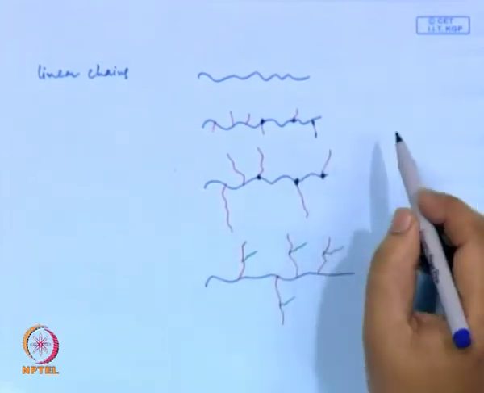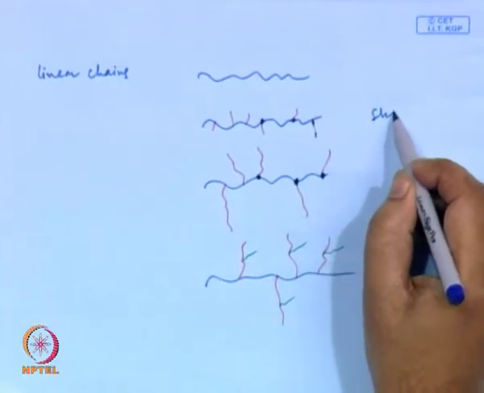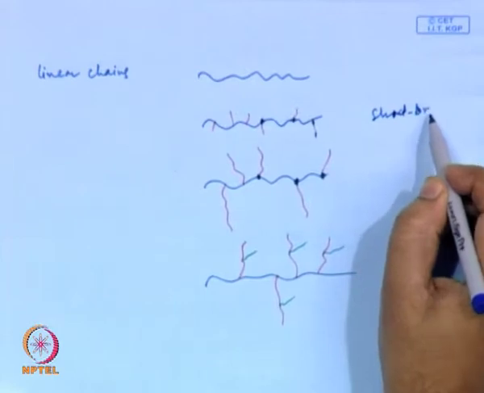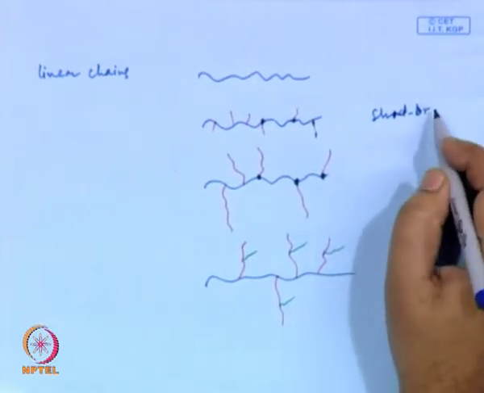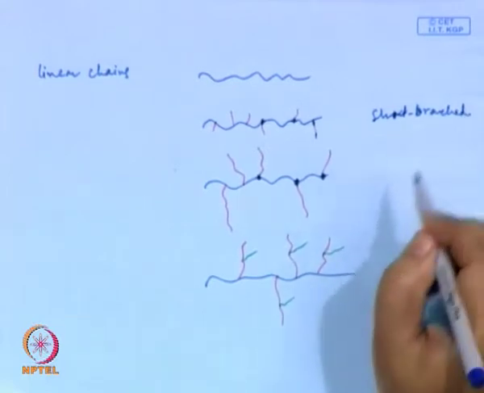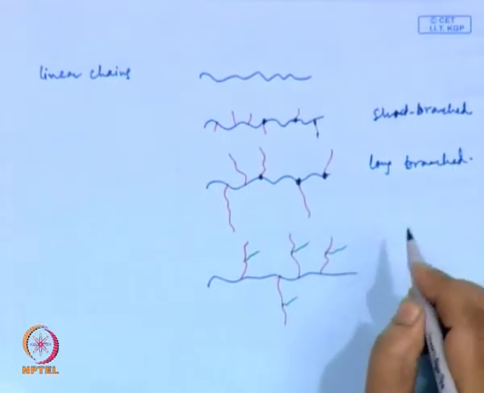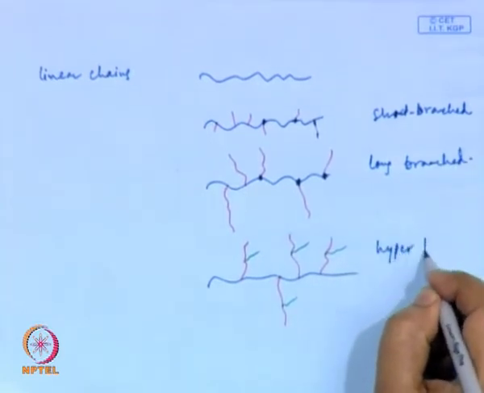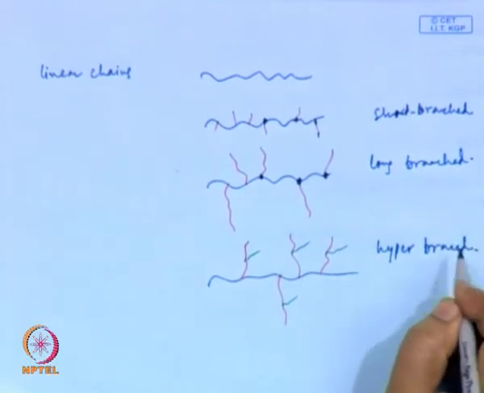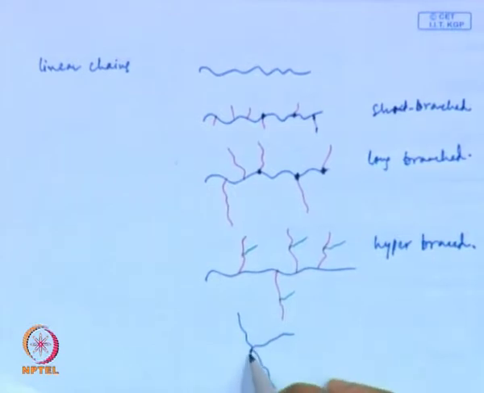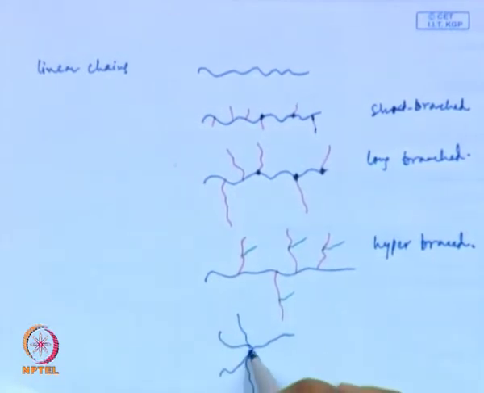So, in this case we call this short branched chain, this is long branched, and this is hyper branched. Now, a special type of branching, if you have a polymer like this where branches come from a single point, you get a star polymer.